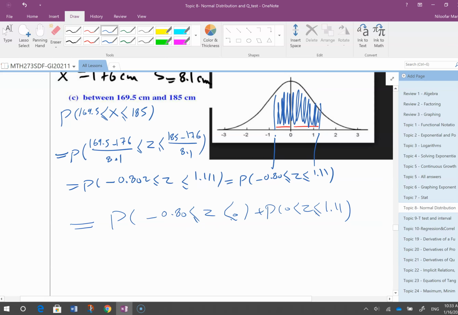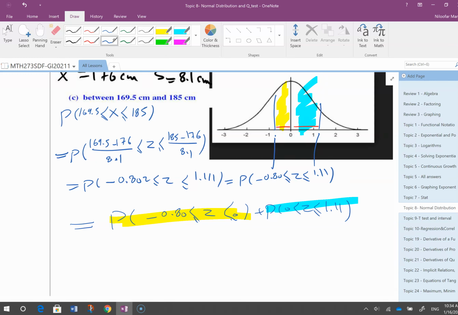Maybe I do this one and then I do this one. So maybe I just remove this and I show it using this. This part is this one and this part is this one.